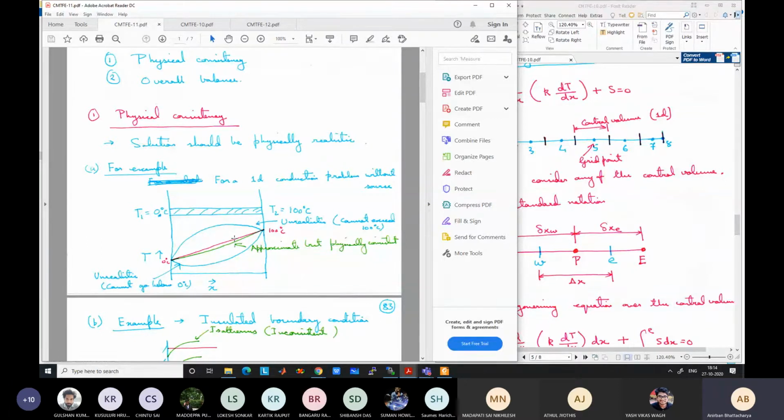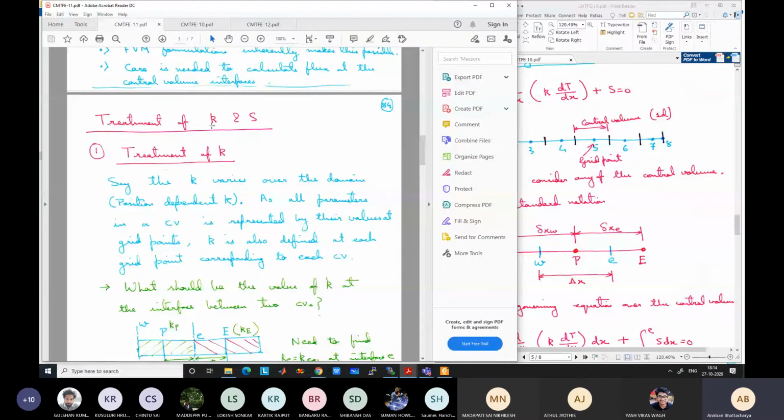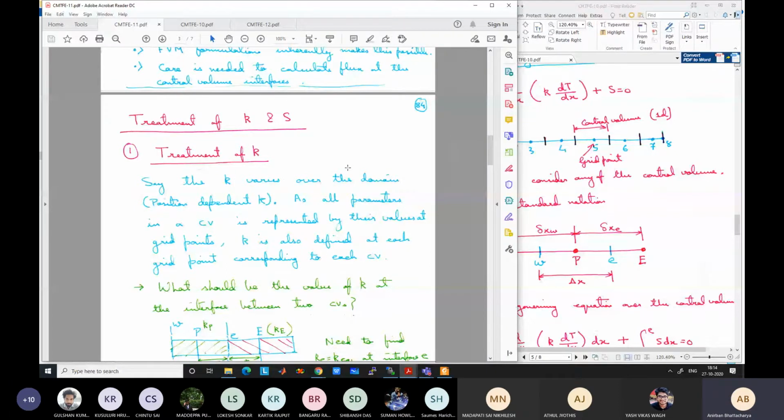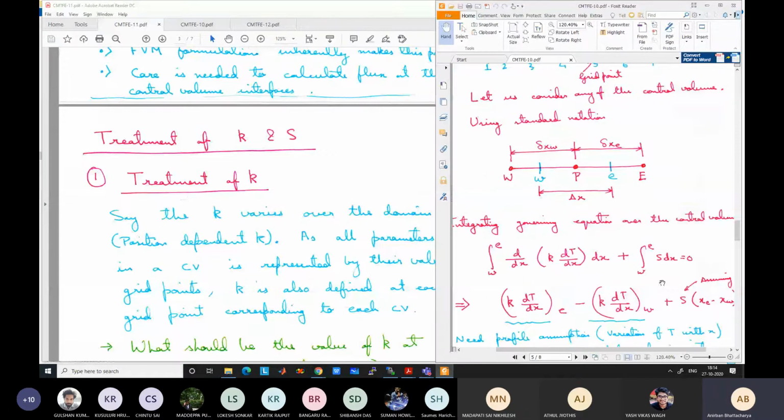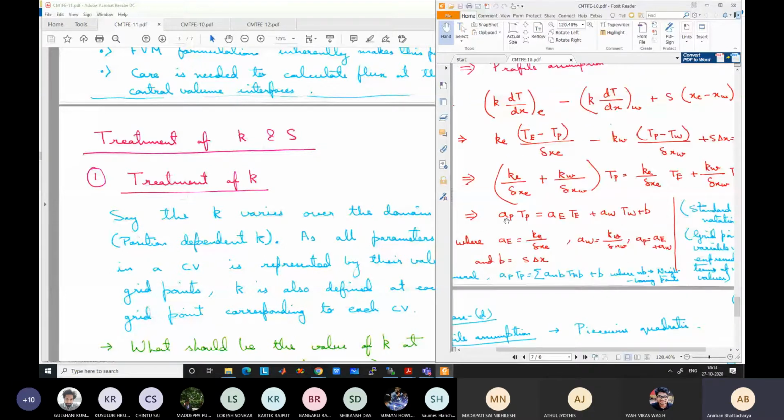And then we have discussed treatment of conductivity and source term. Why have we discussed treatment of conductivity and source term? Because in our discretized equation, ultimately, this final form APTP equal to AET plus AWTW plus B, these AP, AE and AW are known quantities, which need to be supplied to the solver for getting the value of temperature.